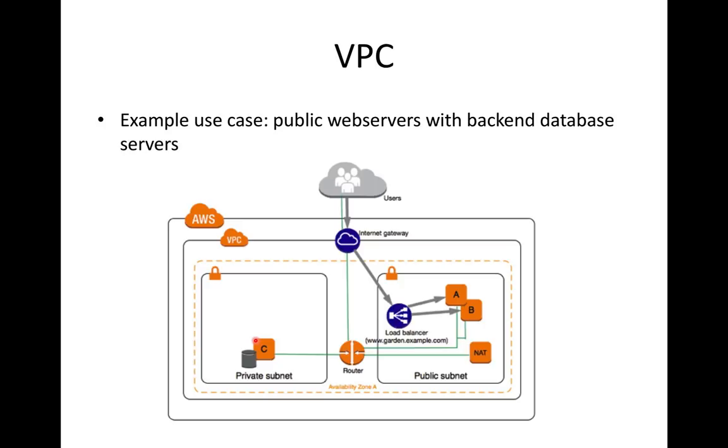This is a very common topology that you find in VPCs, where a VPC contains multiple subnets, and some of those subnets might be considered public subnets that users from the internet might access. And then other subnets are private subnets, which contain maybe important data and databases. And those subnets cannot be accessed from the internet, but the private subnet can be accessed by resources that live in a public subnet.